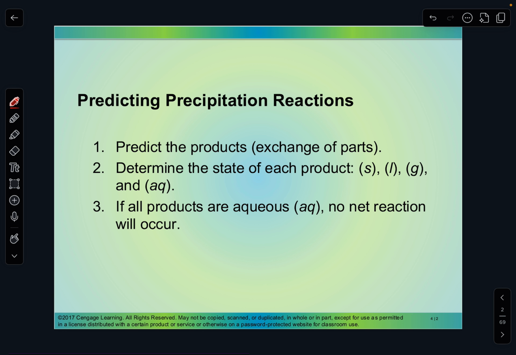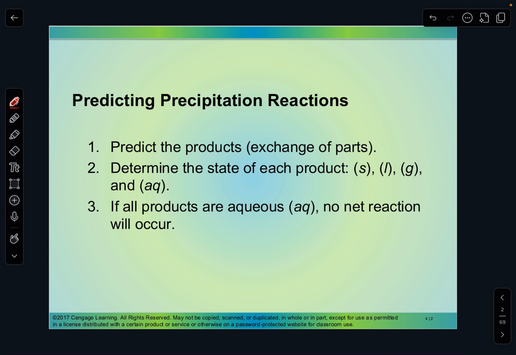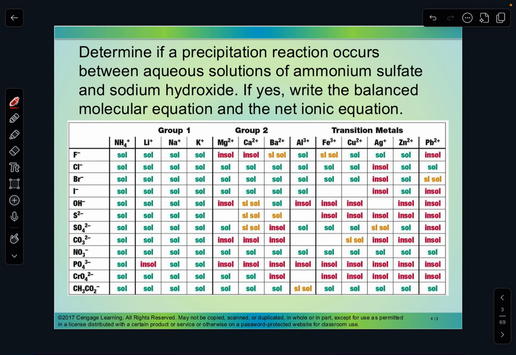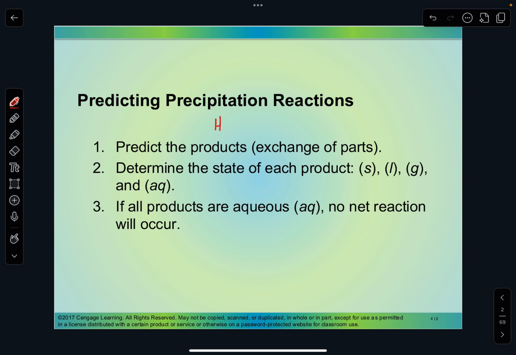So the first thing we want to do is take a look at the reaction and predict the products. So for example, we'll have HCl plus NaOH.